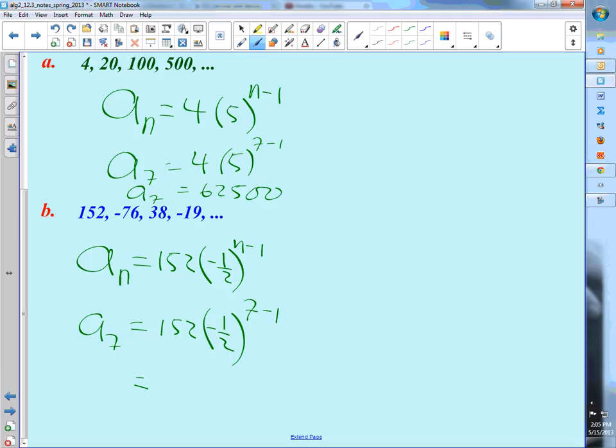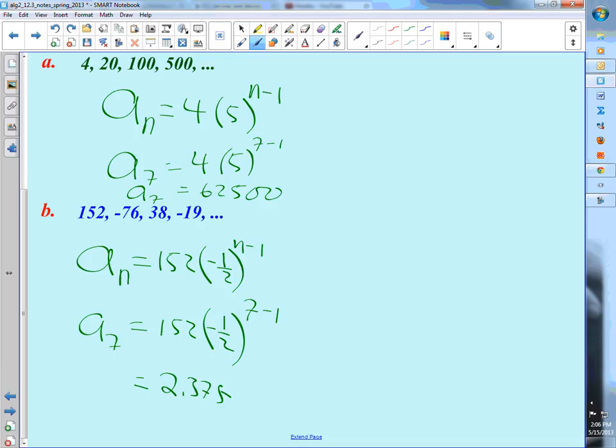You could just type a 6. Positive or negative? I think it's positive. Negative 1/2 to an even power is going to be a positive. Times 152, 2.375.